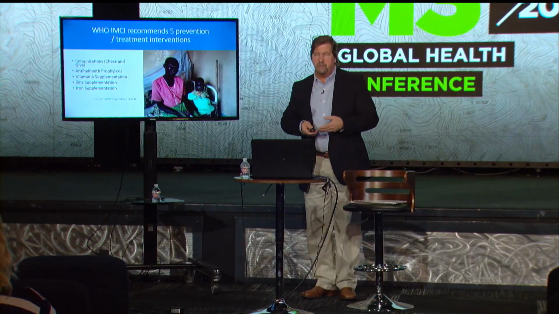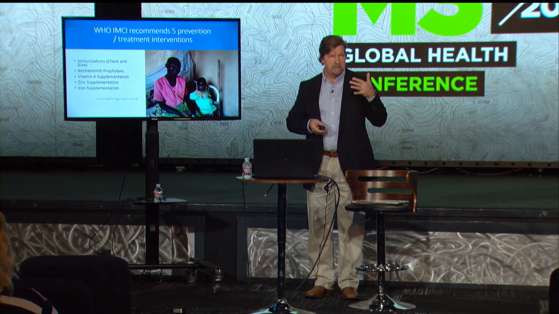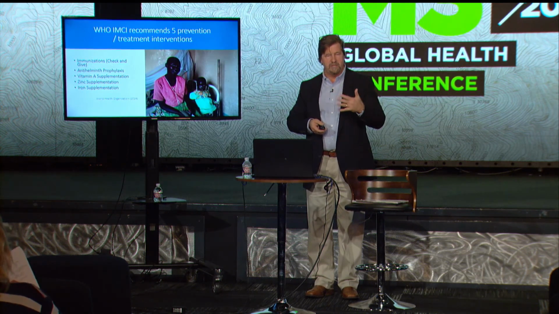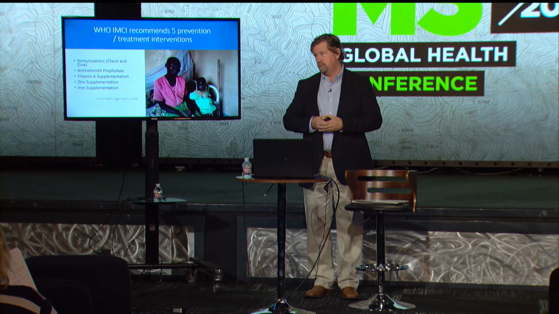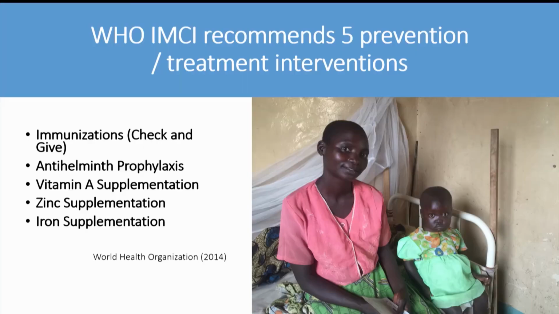Okay, so there are 5 really basic recommendations for prevention and treatment interventions according to the World Health Organization guidelines. Immunizations, obviously, no-brainer. Anti-helminth prophylaxis, we're going to give them worm medicine, right?